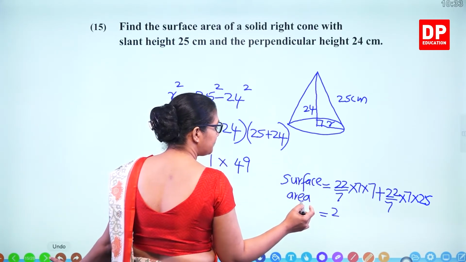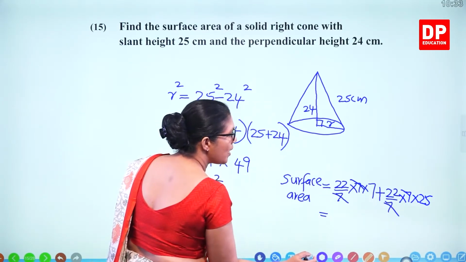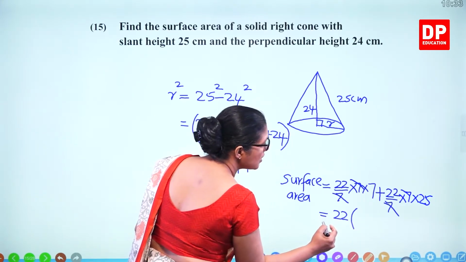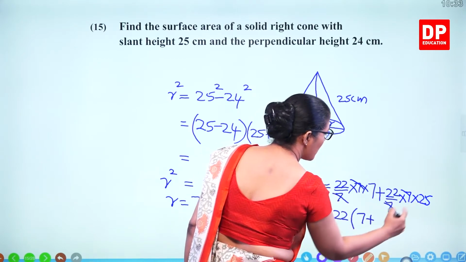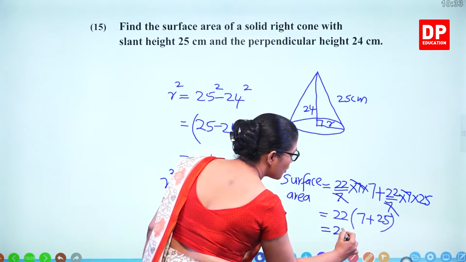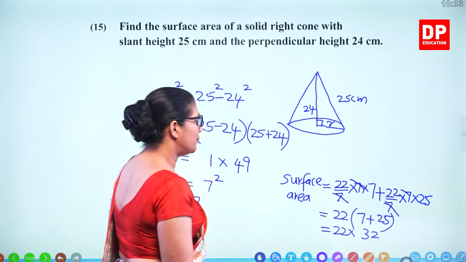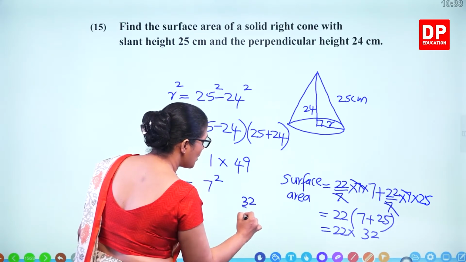It's easy. 7 and 7, 7 and 7. So 22 is common. Take it out. So it's 7 plus 25. You get 22 times 32. So what's 32 times 22?